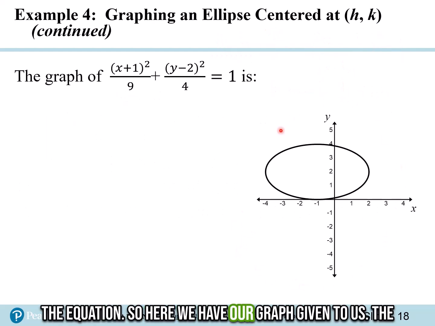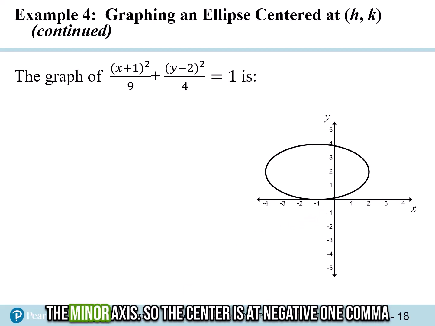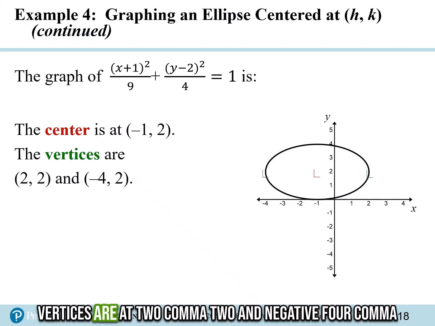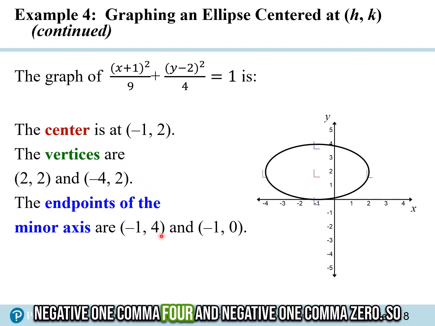So here we have our graph given to us, the center point, the vertices, as well as the endpoints of the minor axis. So the center is at (-1, 2). The vertices are at (2, 2) and (-4, 2). And then the endpoints of the minor axis are at (-1, 4) and (-1, 0).